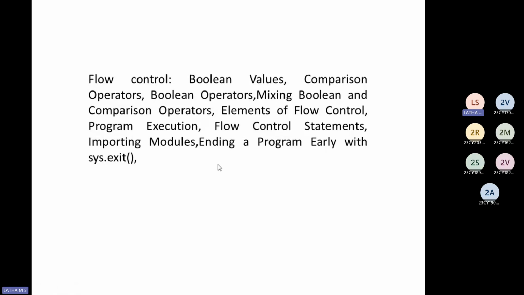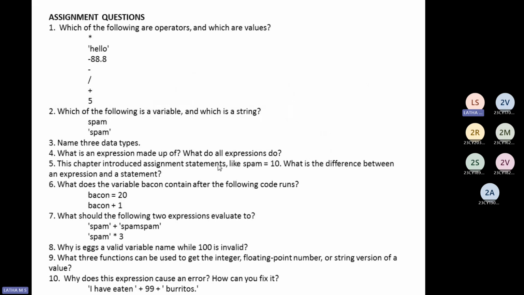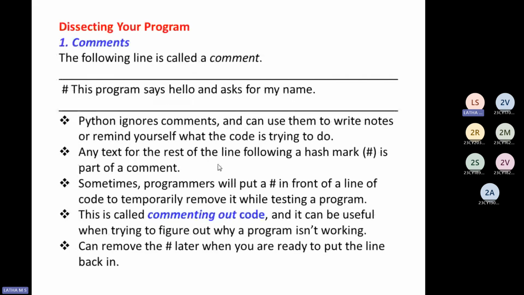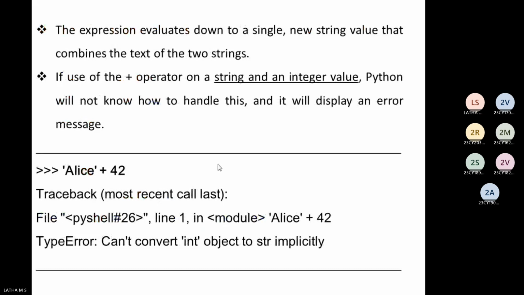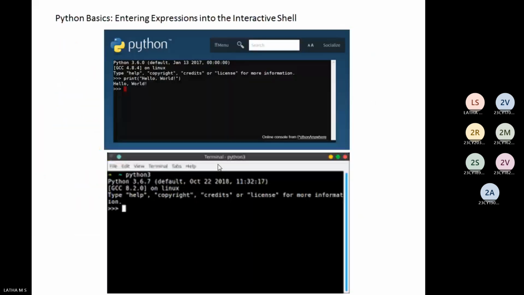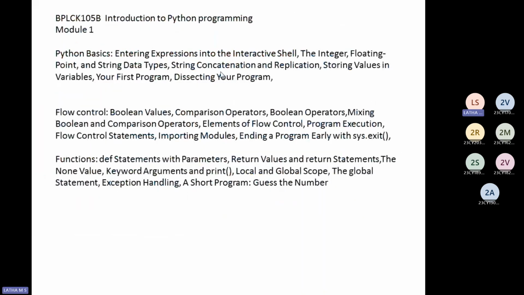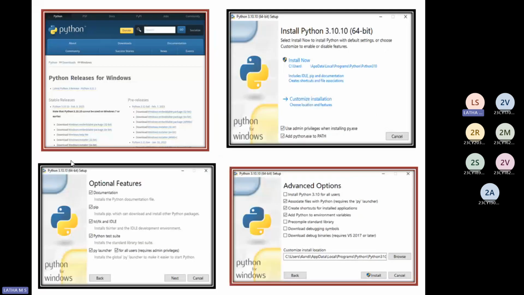So it is all in module 1 only. Still we are in module 1. Module 1 consists of three contents: Python basics, flow control and functions. So we are done with Python basics and flow control as of now. Then we have to start with functions. That is the last bit of your chapter, right?